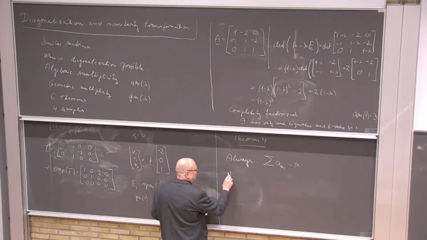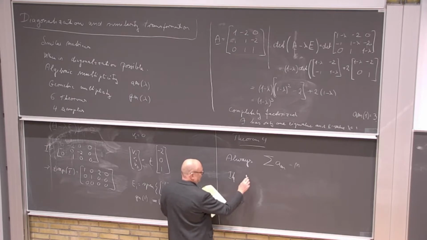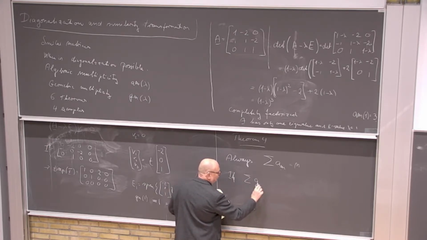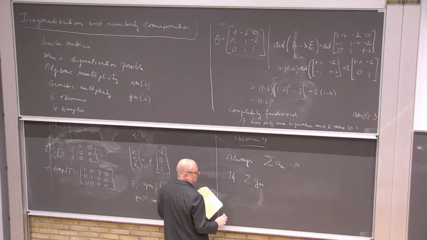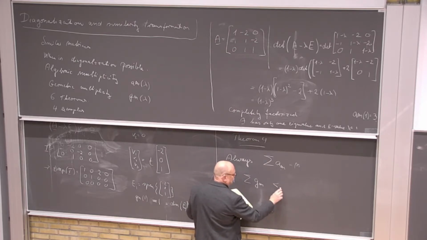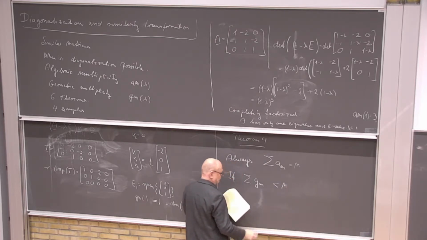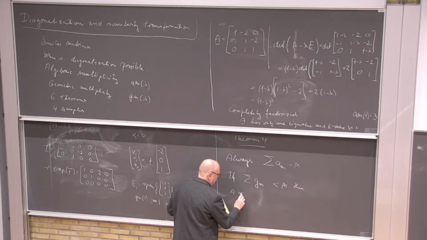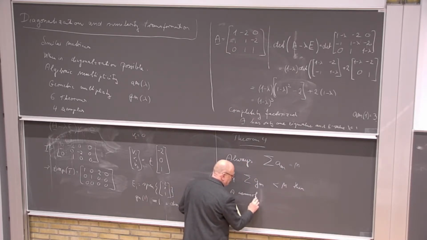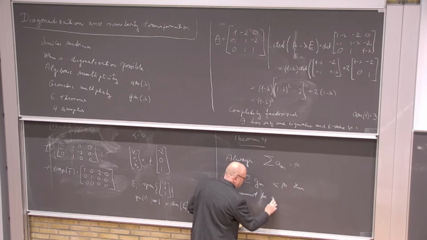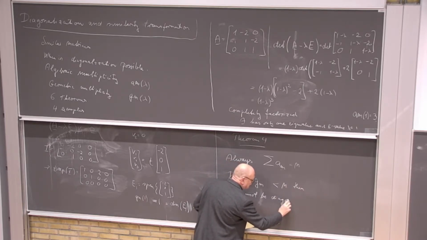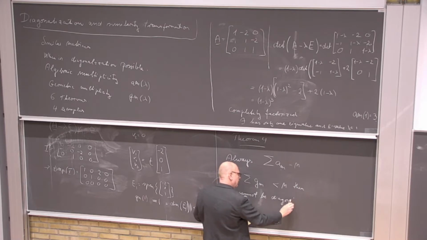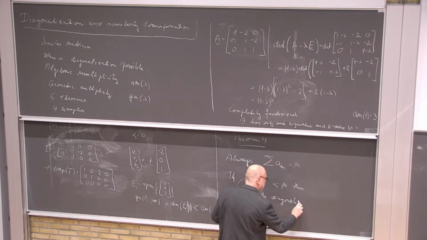But if the sum of the geometric multiplicities is less than n, then A cannot be diagonalized.